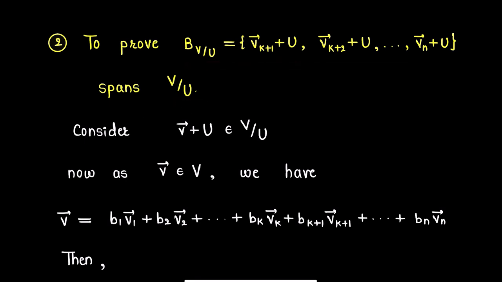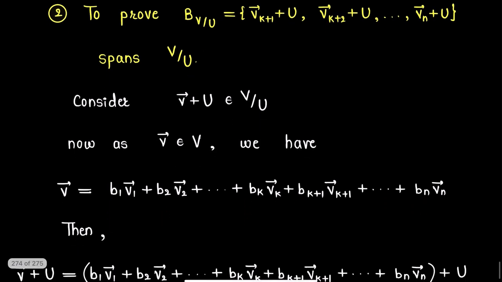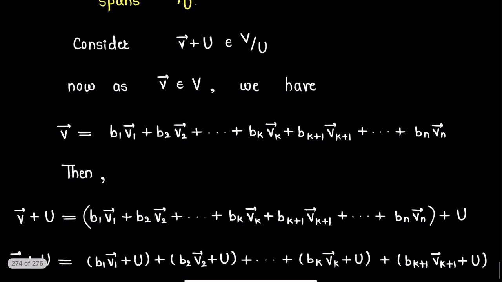For this, consider some coset V bar + U in the vector space V modulo U, where this V is some vector from vector space V. Now as V is a vector from vector space V, we can express this V using the basis vectors BV as this, where b1, b2, bk, bk+1, bn are some arbitrary but fixed scalars.